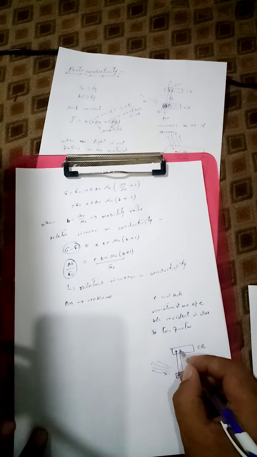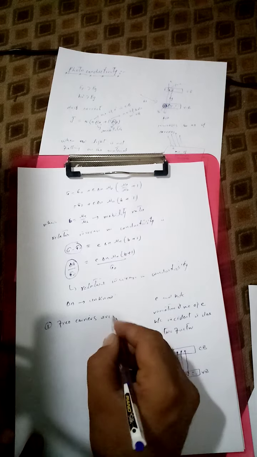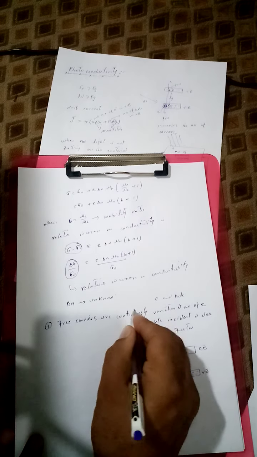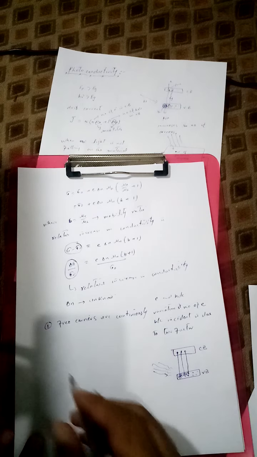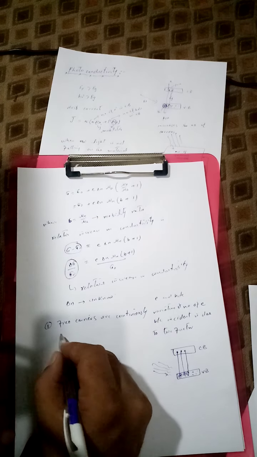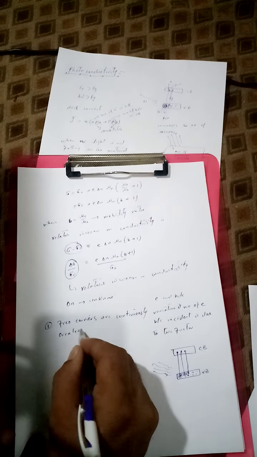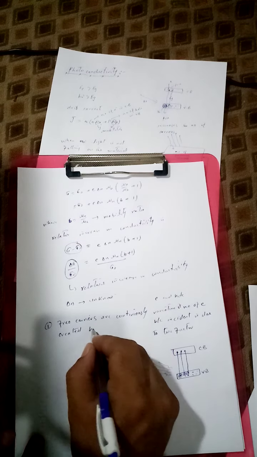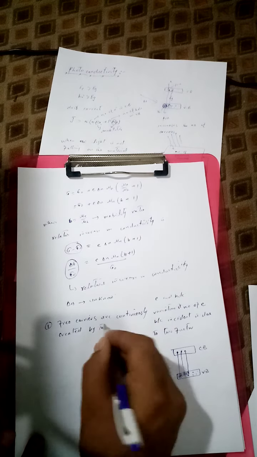So number one, free carriers are continuously created by the incidence of the light beam.